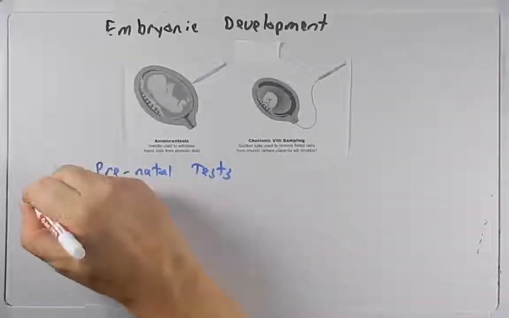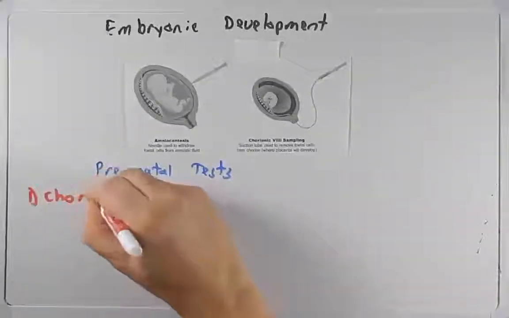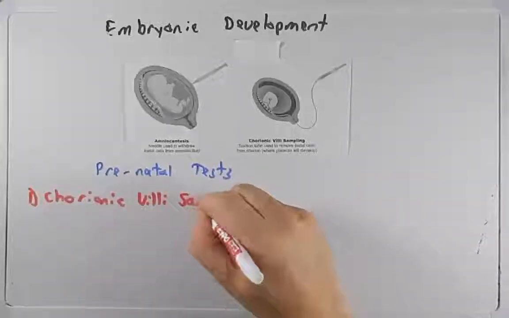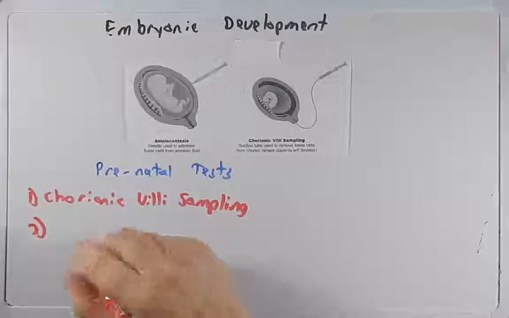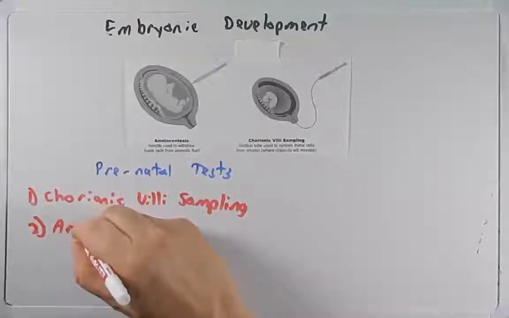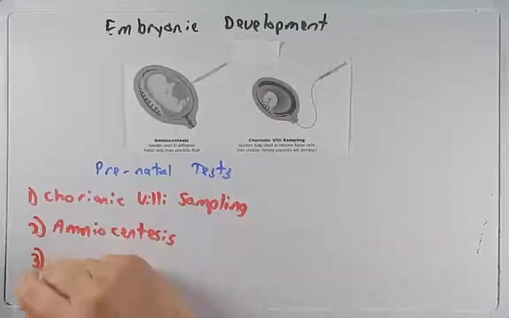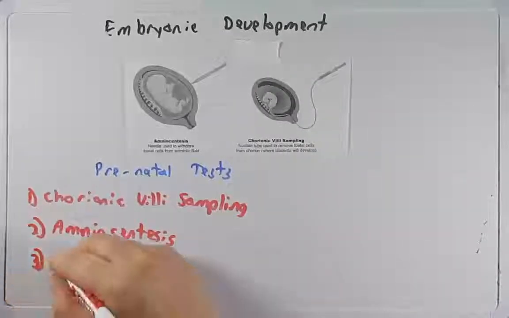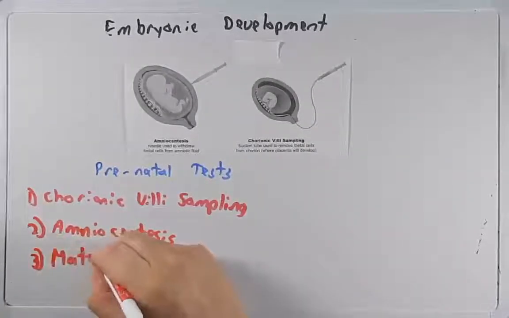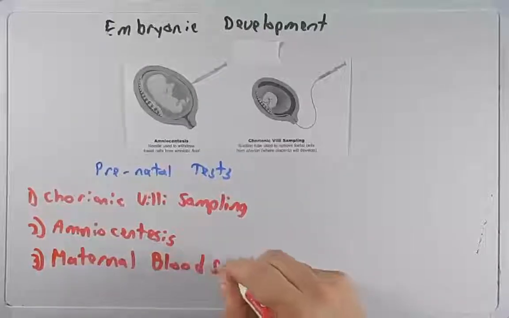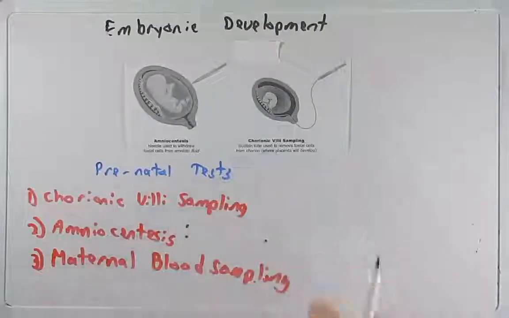The first is chorionic villi sampling. The second is amniocentesis. And the third, which isn't shown in this picture up here, is maternal blood sampling. So let's go ahead and talk about these.